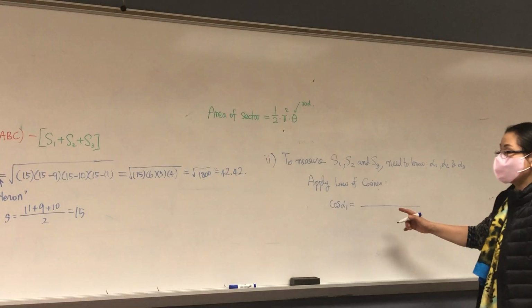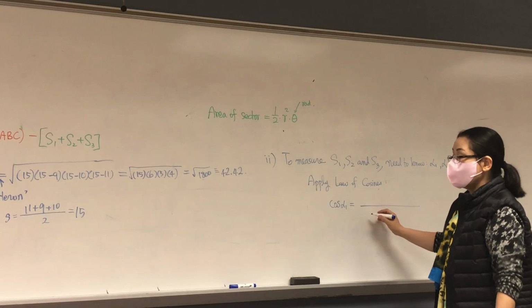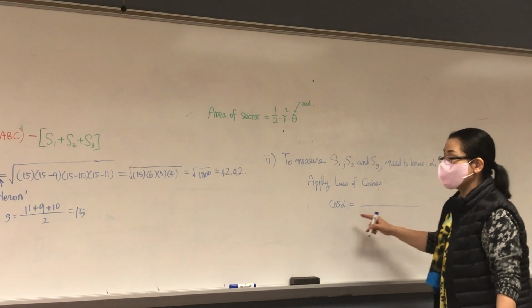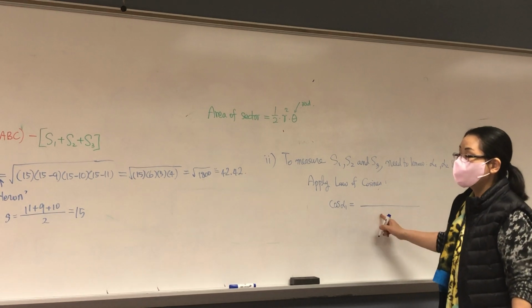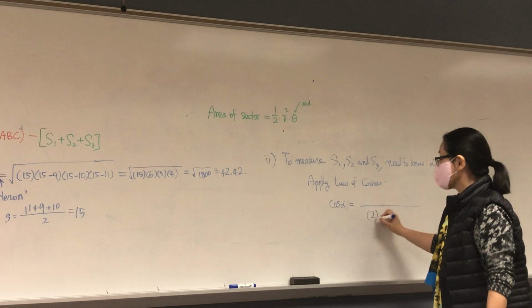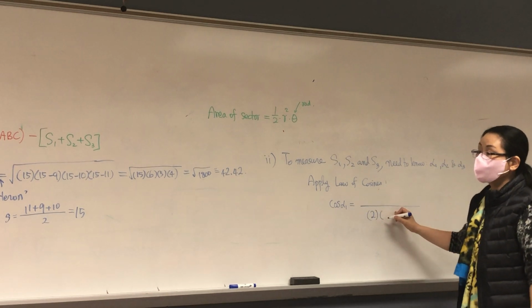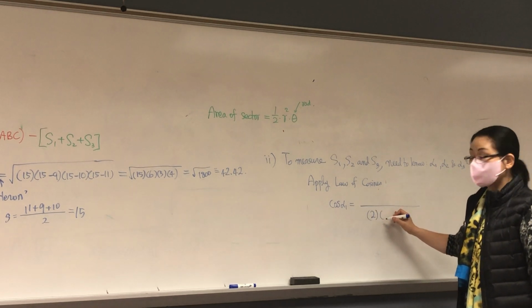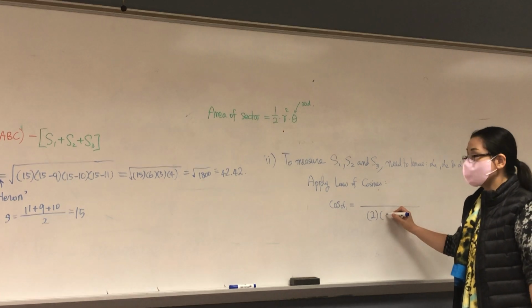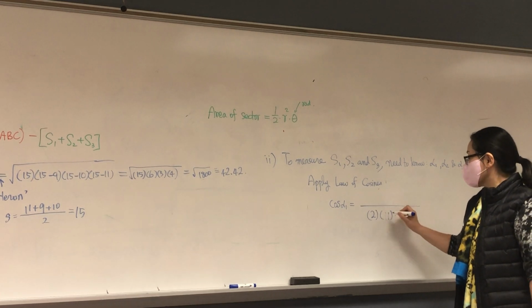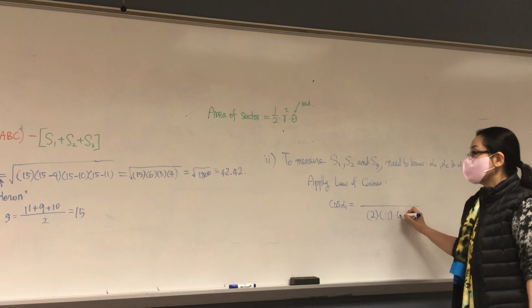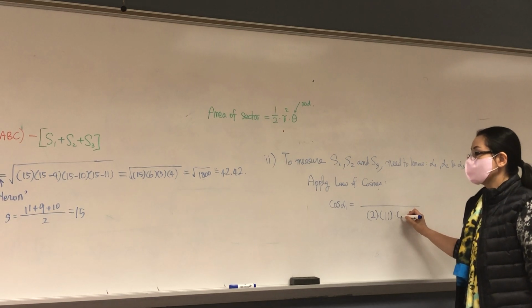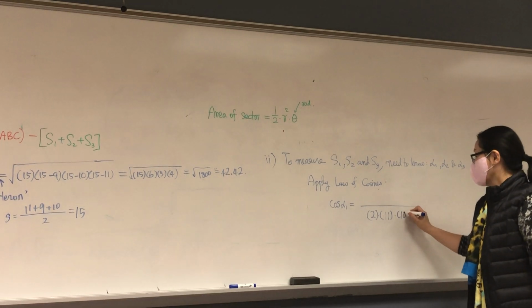So, what is alpha 1? What is the bottom? 2 times what? 2 times 11 times 10. Do you understand?